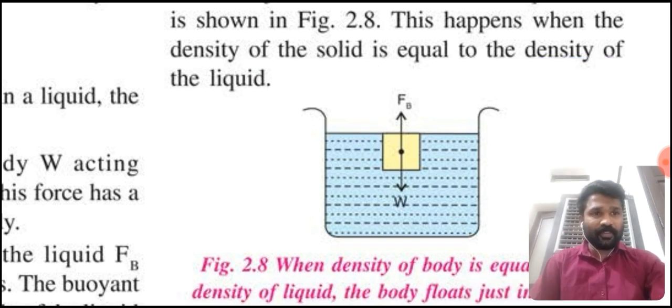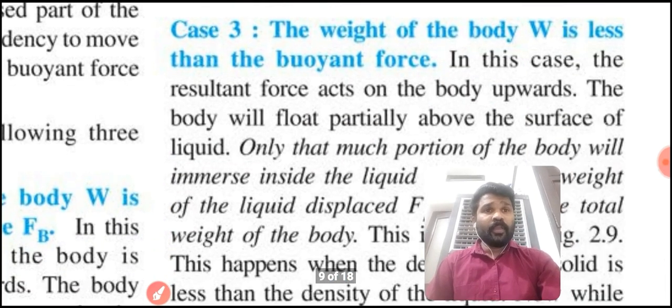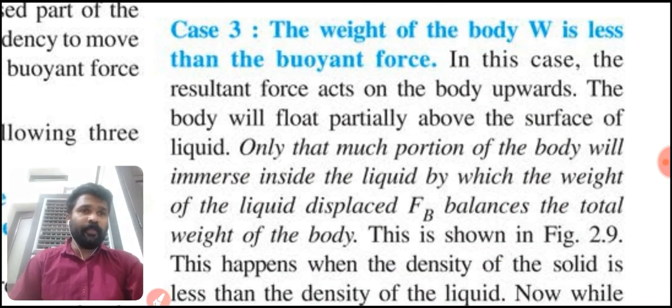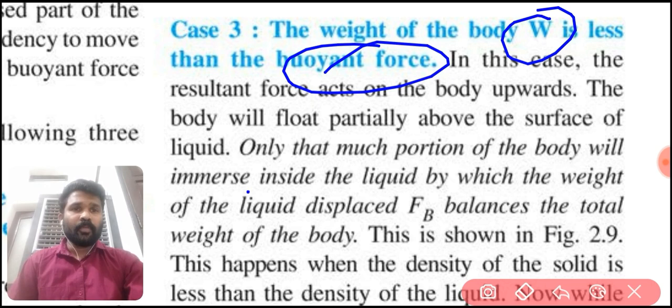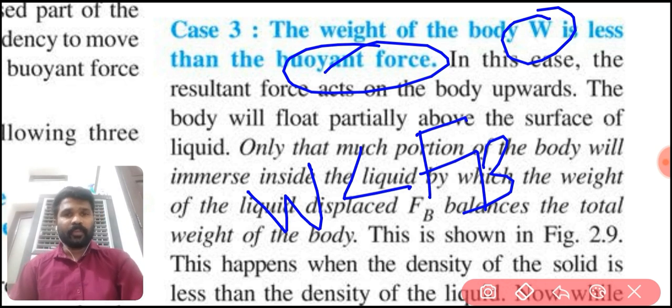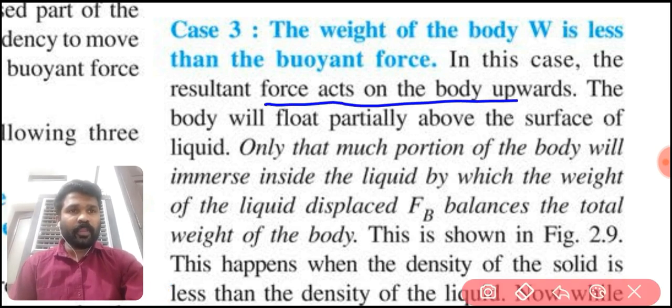Okay, students. Now, next point, case 3, the weight of the body W is less than the buoyant force, means W less than FB. Here FB is greater than W. Okay. In this case, the resultant force acts on the body upwards.